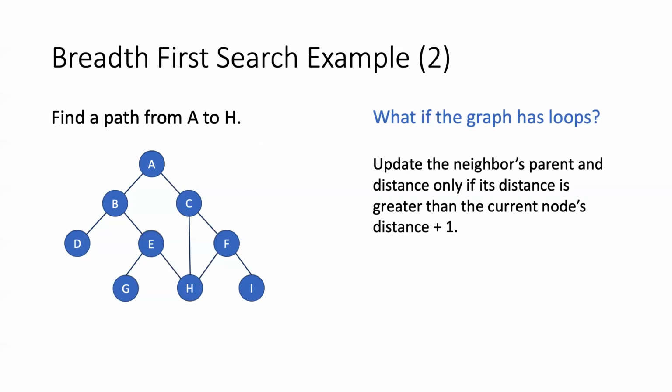So we're going to update the parent's distance only if its distance is greater than the current node plus 1. That's right. And you should note this only applies to the case where the edges have distance 1. If we have different edge distances, then this breaks down a little bit. But this is what we're going to do here.